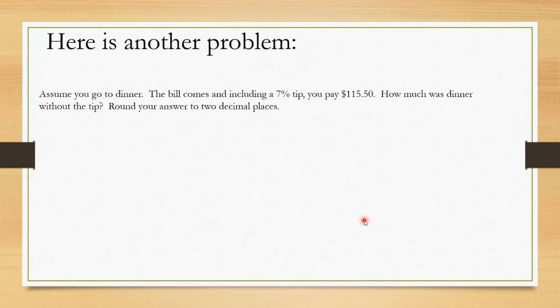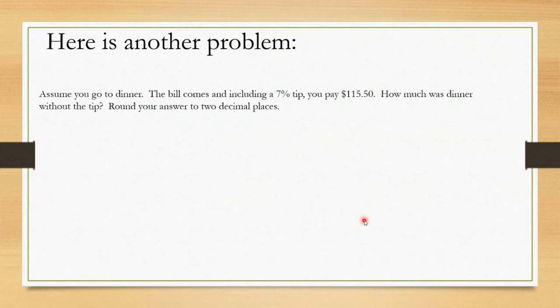Here's this one. You're going to dinner and the bill comes and somehow a tip is already included. With the tip, which is 7%, everything comes out to $115.50. Now that's including the tip though. The question is, how much was dinner before the tip, without the tip? How are you going to pull that off?